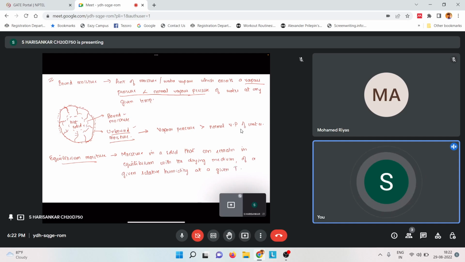Okay. And then there is a term called free moisture. This free moisture is the moisture in a wet solid which is in excess of the equilibrium moisture.